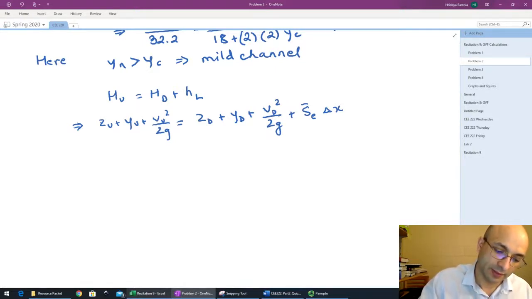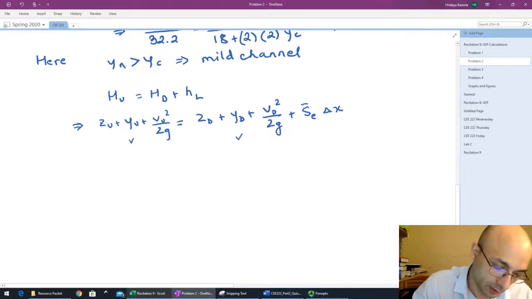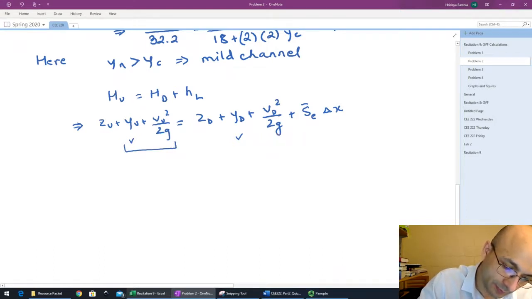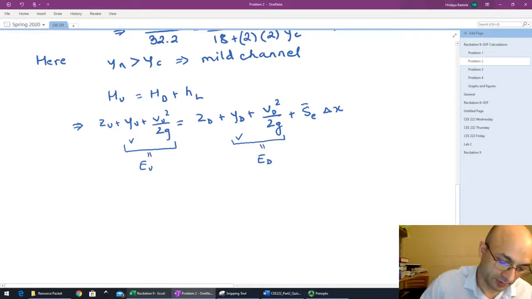The difference from standard step method is, in this case, we know both y in the upstream and downstream location. And this, if you notice, is the specific energy. So we can call that EU and call this ED, the specific energy upstream and downstream.